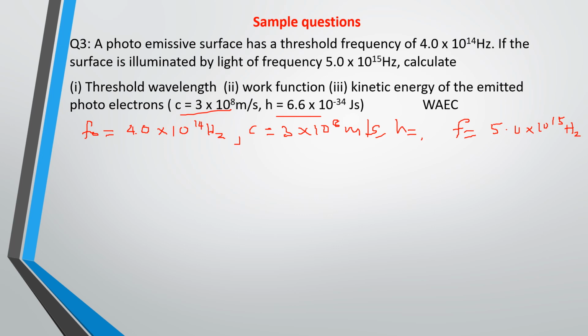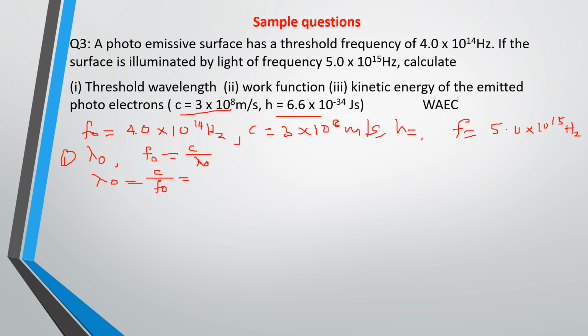The first thing they say you should find is the threshold wavelength, which is lambda 0. So remember we said that F0 is equal to C over lambda 0. Which means that lambda 0, the threshold wavelength, equals C over threshold frequency.